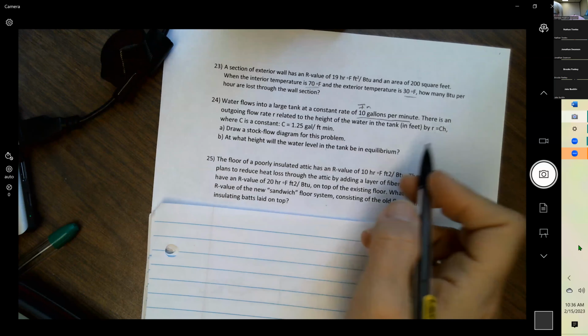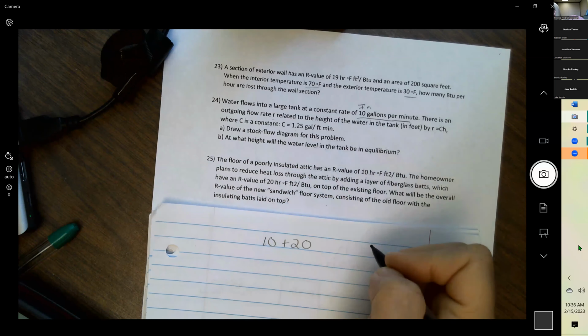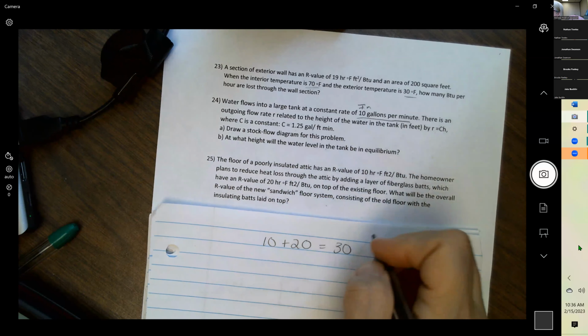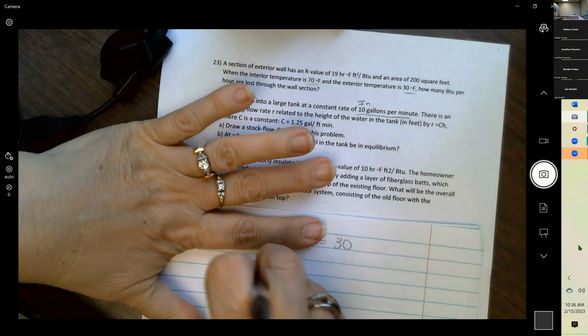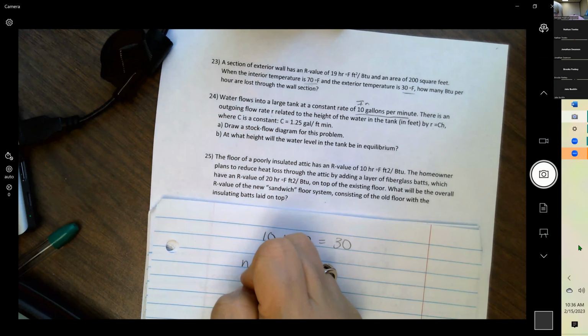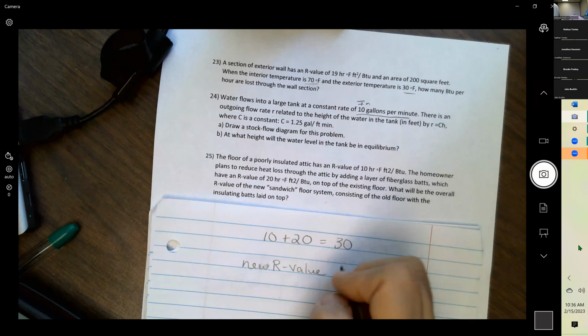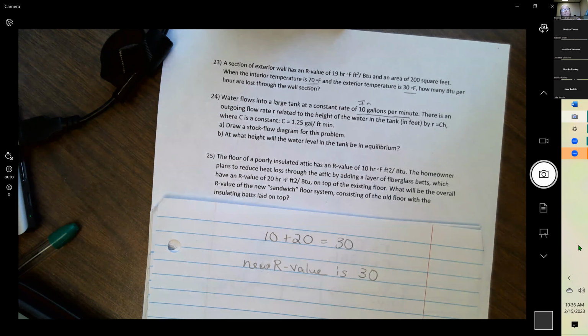So if we had one that was 10 and we put one that's 20 on top of it, then our new R value is 30. So your R value or your R rating is 30. You can just add them together.